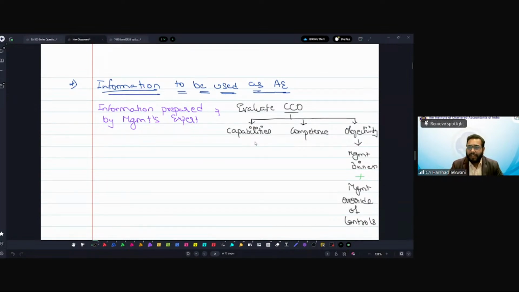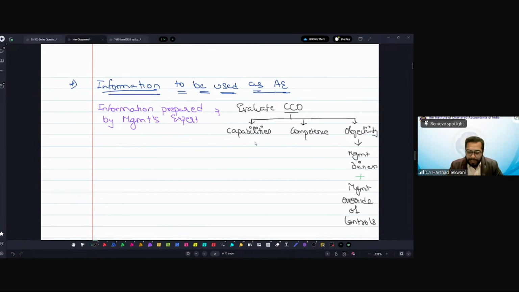Let's say a net worth certificate. Will you certify on the number which management says, or on the number that you think is the correct one? The second one. Obviously, yes. As a chartered accountant, we are subject to the objectivity requirement and the code of ethics requirement.